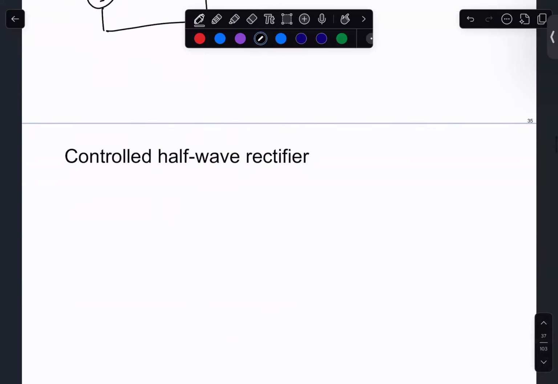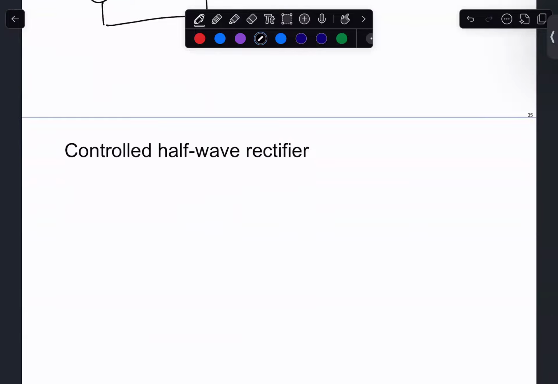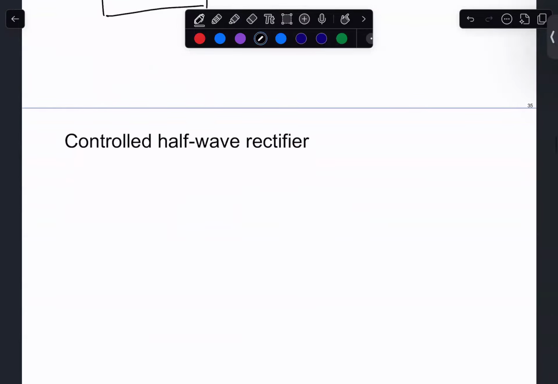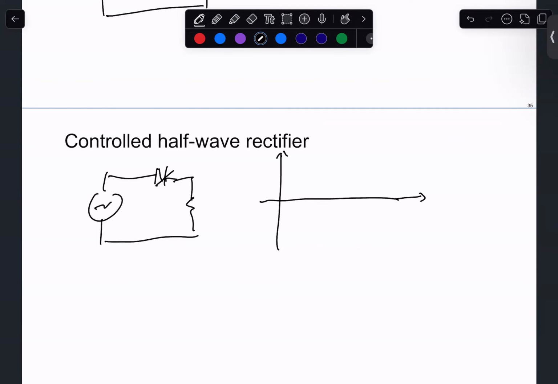So if you look at the controlled half-wave rectifier, the best way to think about it is we have a source like this, and then we will pick some time at which we apply this gate current pulse to the SCR, so this SCR closes.